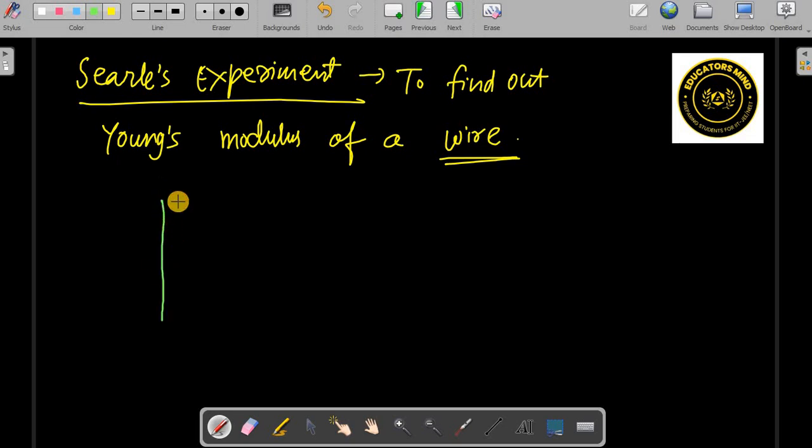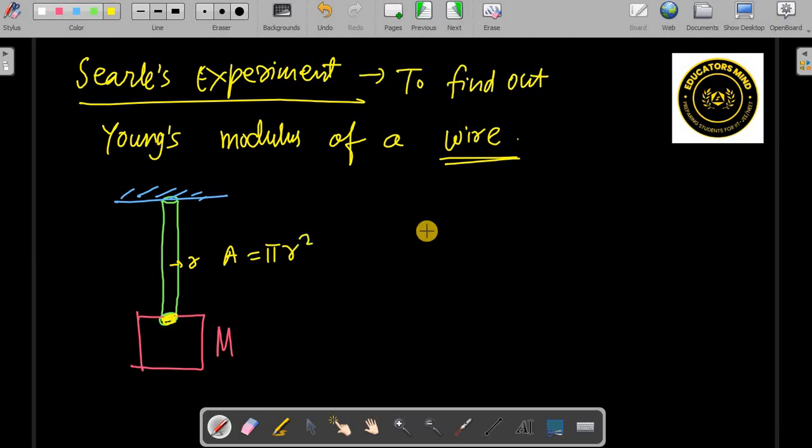Suppose this is a wire, fixed here, and you can hang some load, a block of mass M. Suppose the radius of the wire is r, so area will be pi r square.